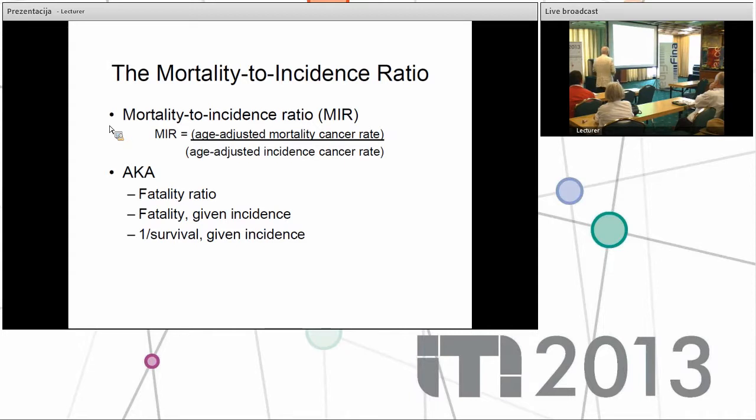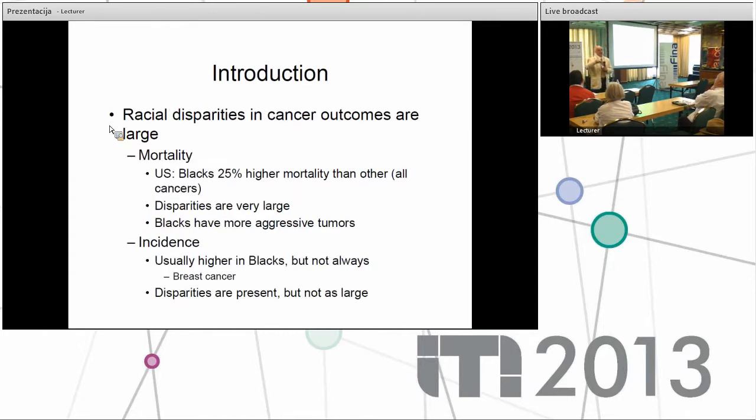And we were interested in looking at this over geographic space and time, but also for different racial groups and gender groups in Georgia. So we wanted to look at racial disparities in cancer outcomes. So in the U.S. blacks have 25% higher mortality than other races for all cancers.